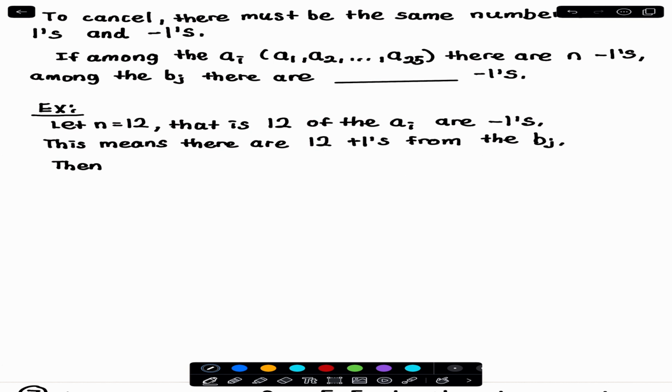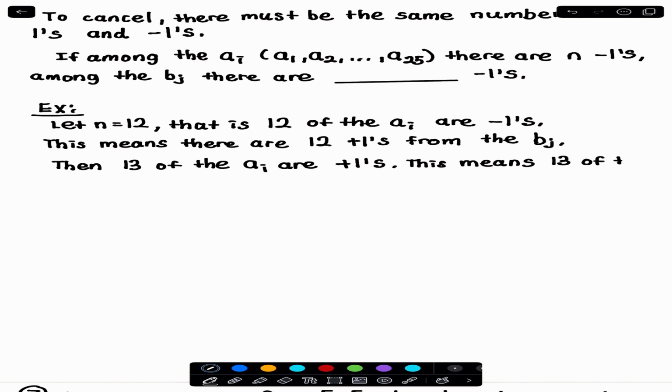Because then 13 of the Ai are the other possible element, positive ones. So this means 13 of the Bj are negative ones.